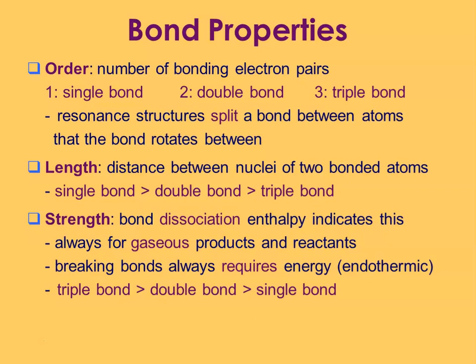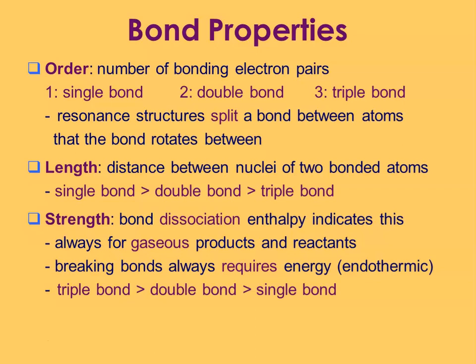As you saw with the models, the length, the distance that we see between nuclei of 2 bonded atoms, is going to be greater with a single bond and much shorter with a triple bond. Single bonds are your longer, double in between, triple at the shorter end. And the strength of the bond is associated with its bond dissociation enthalpy.